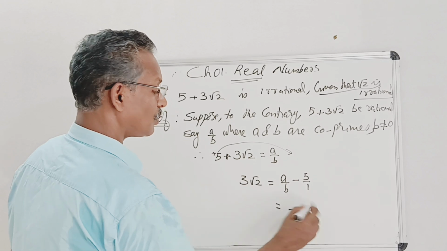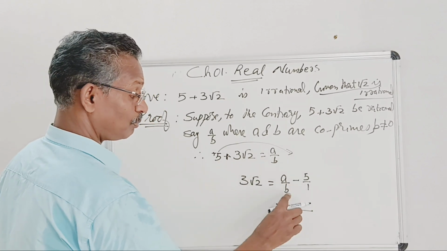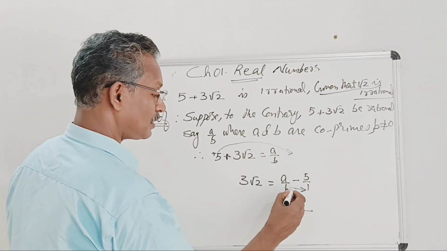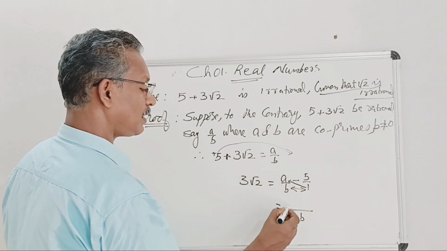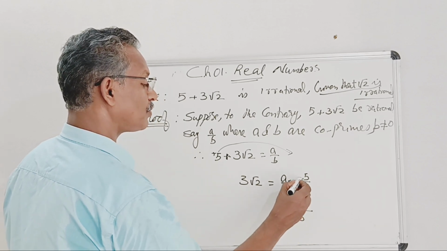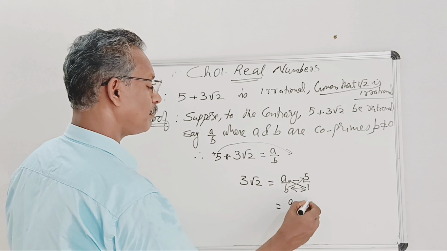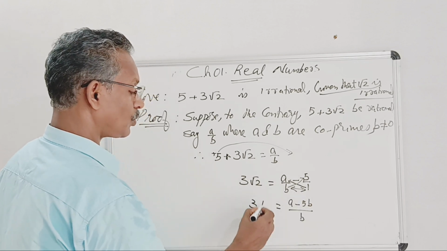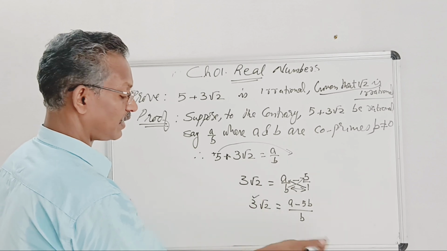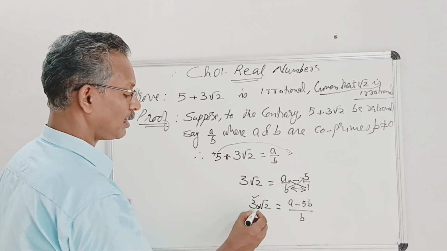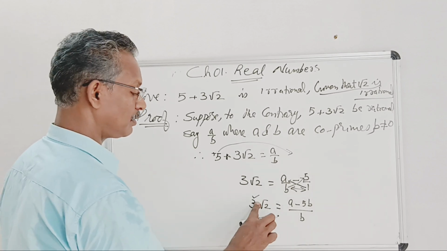Take the LCM on the RHS, B and 1. Multiply: B into 1 is B. With 1 you multiply A, it is A. B into 5 is minus 5B, and this equals 3 root 2. Now you shift this 3 to the right side because it is multiplied, so it goes to the other side as divide.